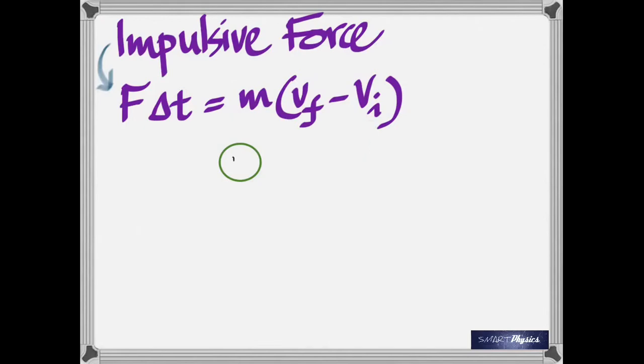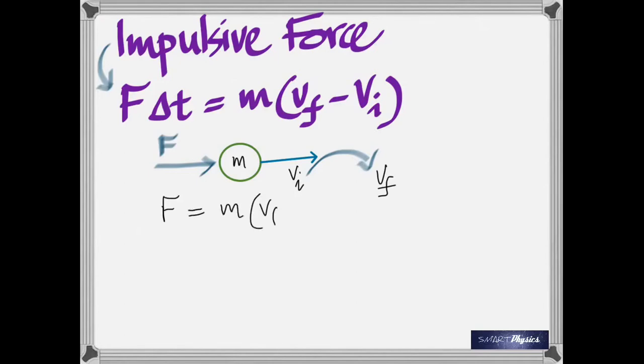Let me give you an example here. This is a mass, m. Its initial velocity is vi, and if you apply a force F on it, its velocity changes to vf. If the force was acting for delta t seconds, we can write force is m (vf minus vi) by delta t.